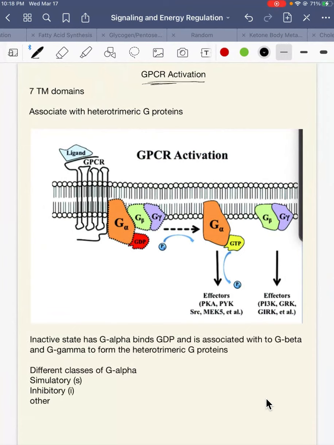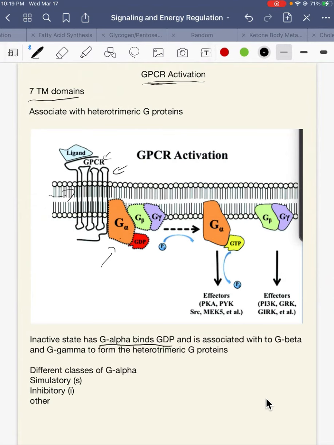Let's talk about GPCR. It has 7 transmembrane domains. Transmembrane domain just means they're in the membrane. So you have your GPCR, your transmembrane protein, and then you have the heterotrimeric G protein. So you have your G alpha, G beta, and G gamma. G alpha is mainly the one that's going to go on and activate other things. In the inactive state, it's bound to GDP.